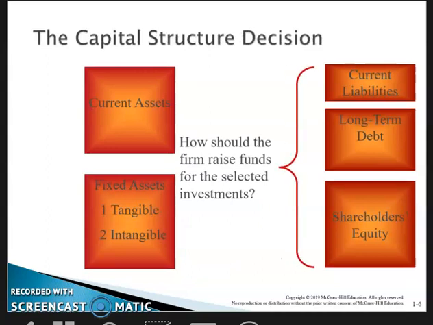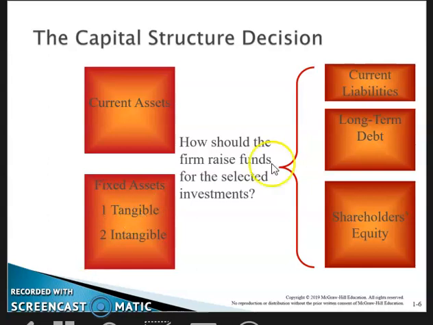Then secondly, where should I raise that money? The current liabilities would include borrowing from the money market. A lot of firms these days fund long-term projects through commercial paper and then take it out as long-term debt when the project's completed.